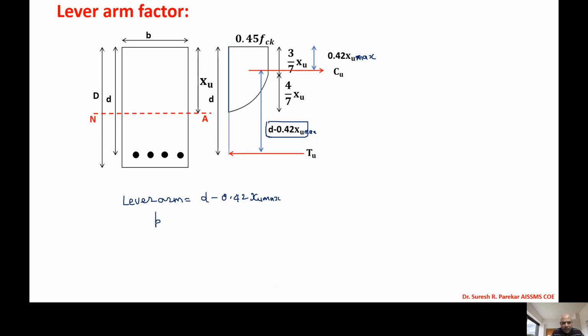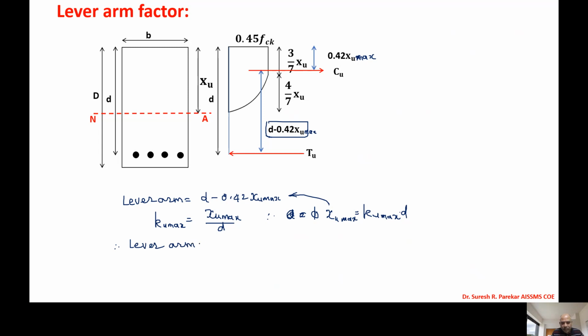But we have already seen Ku max is equal to Xu max upon d. And then from this we can write Xu max equal to Ku max into d.